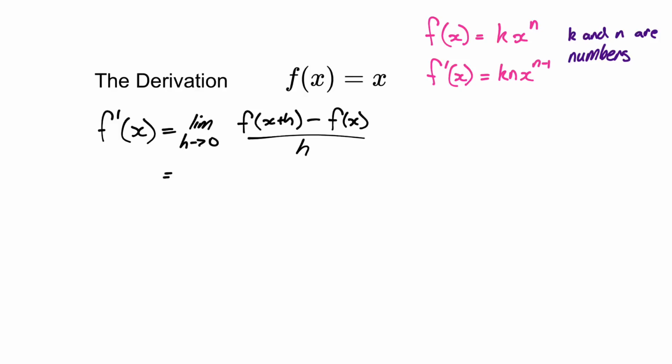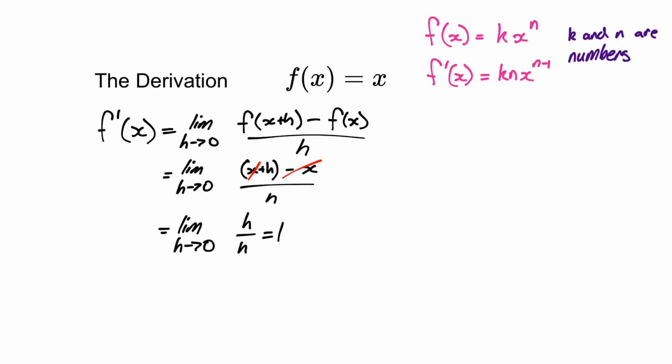So our function in this situation is just going to be x, so it's x plus h minus x over h. Simplifying the top, we have an x here and a minus x, so those can cancel, and that gives us the limit as h tends towards 0 of h over h, which is equal to 1. Now h obviously is not in that limit, so the derivative is just 1.